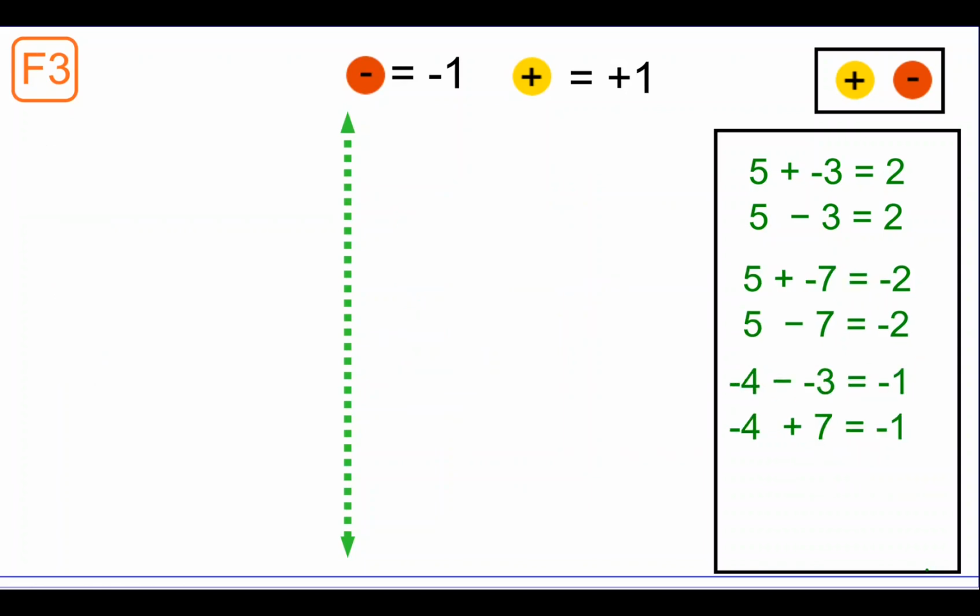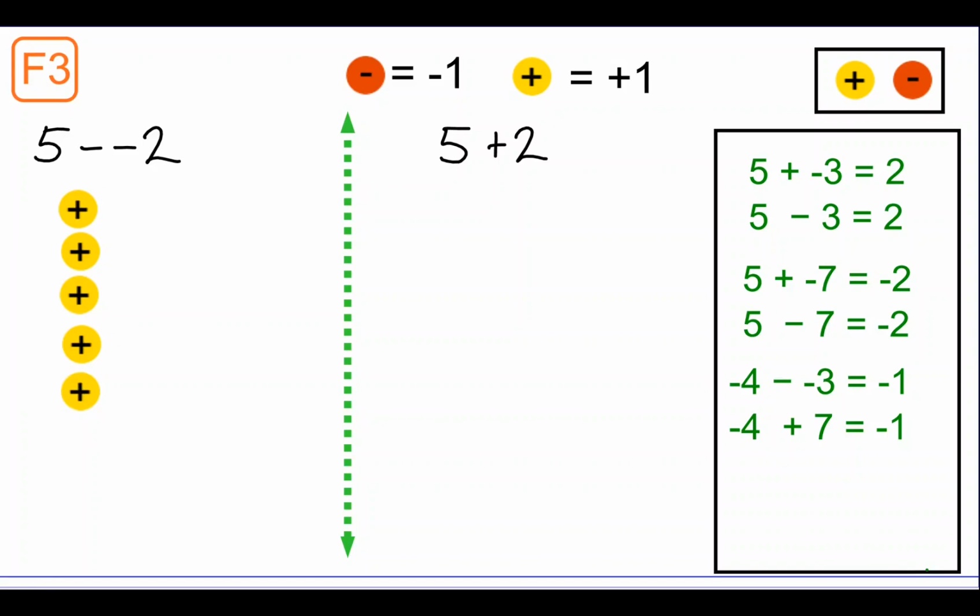And here's our last pair of examples. 5 take away negative 2 and 5 plus 2. Now it's 5 take away negative 2, so I want to take away 2 negative counters. But once again, I can't see any negative counters, so I'll have to make some.